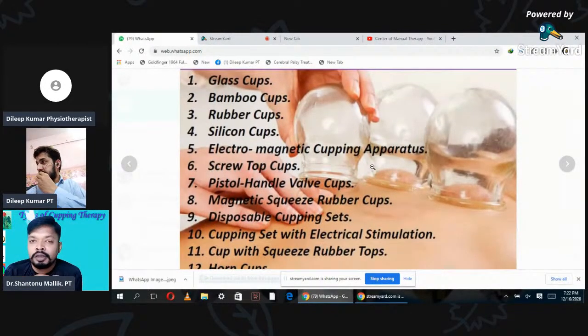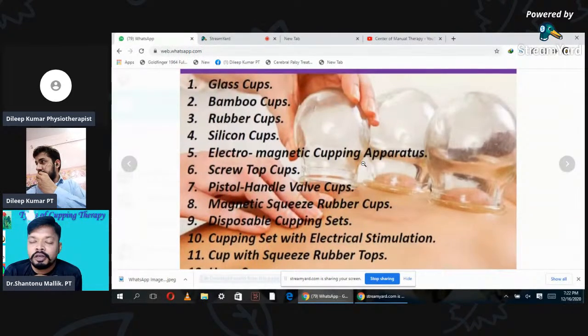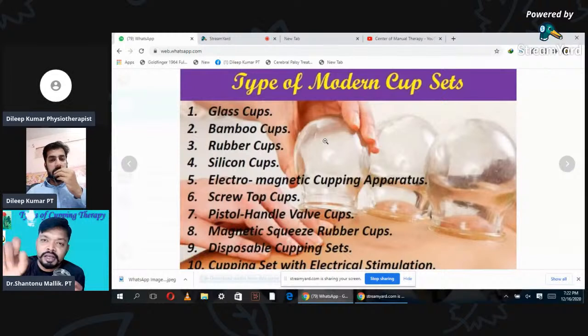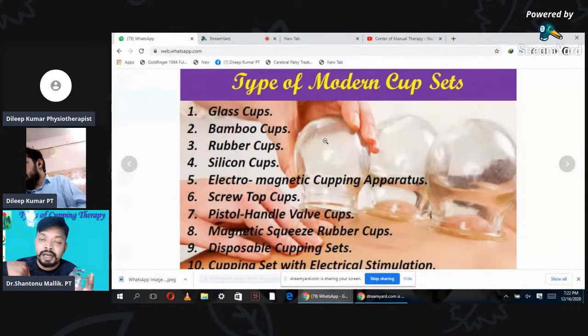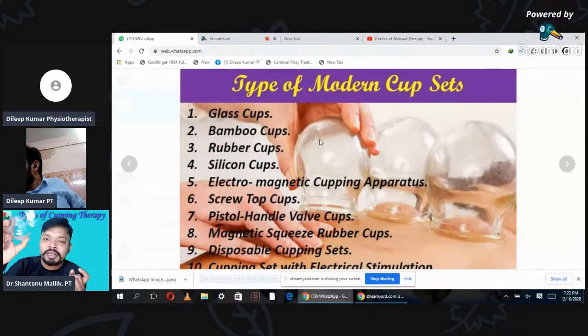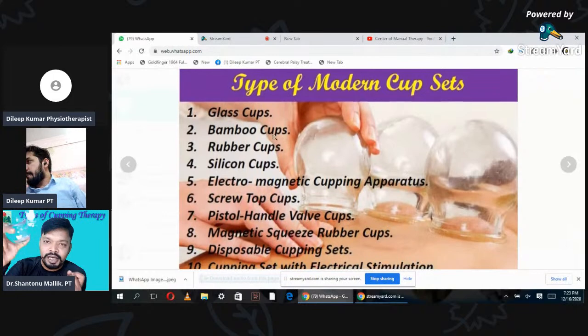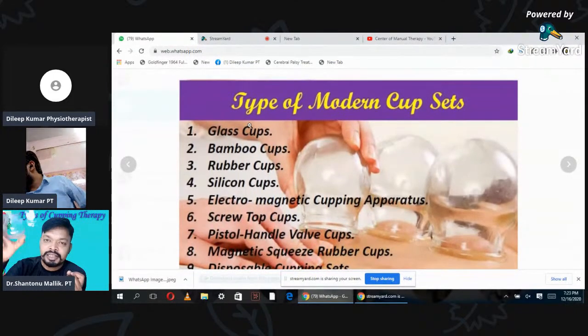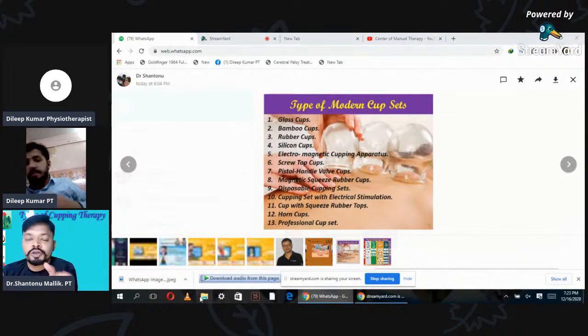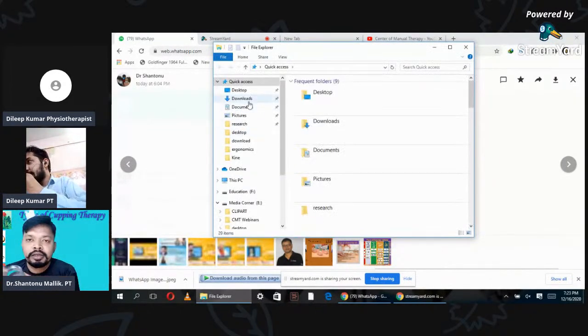Yeah, Dr. Dileep. Doctor, I can't make it because it's a picture basically. No, no, no, not this picture. Just open my screen now. Me, not the screen. Okay. I want to show the practical. That's why I want to show the practical. This cup set. You just stop this screen, just wait.